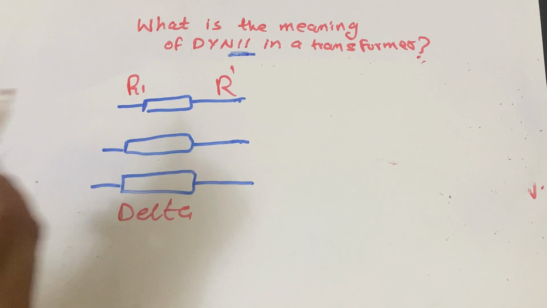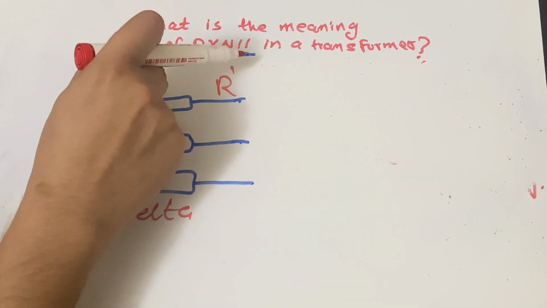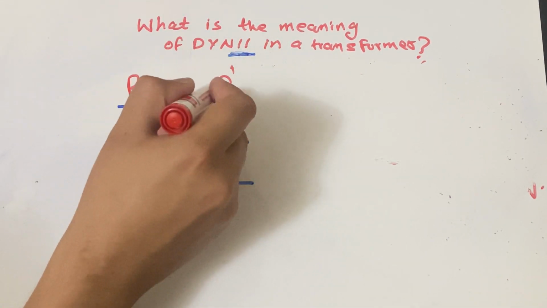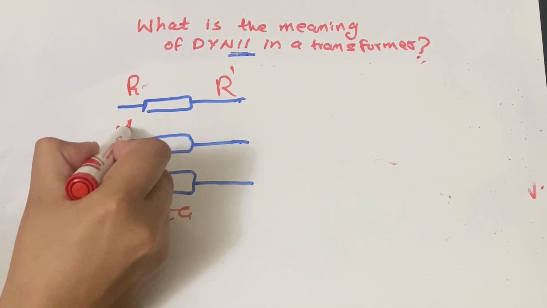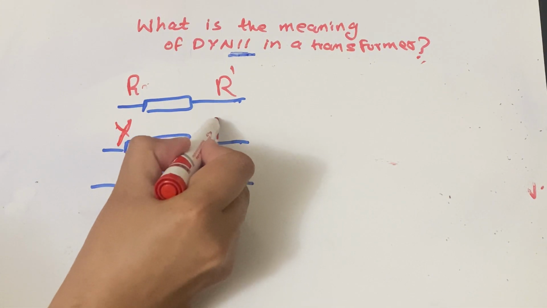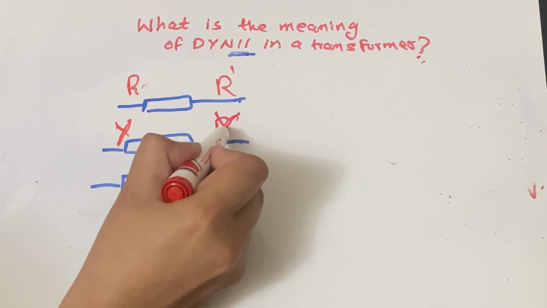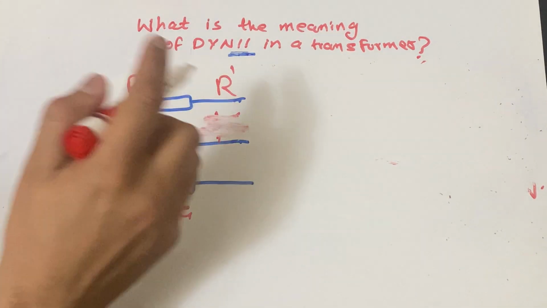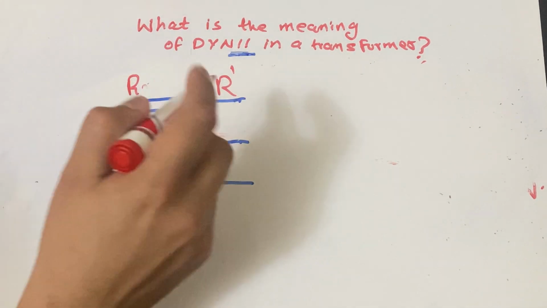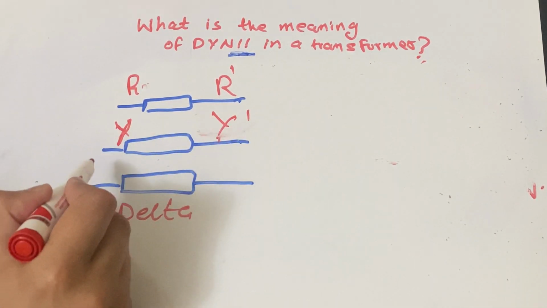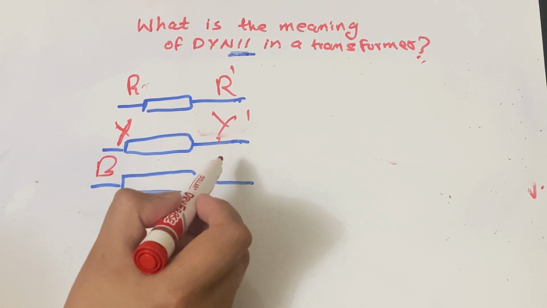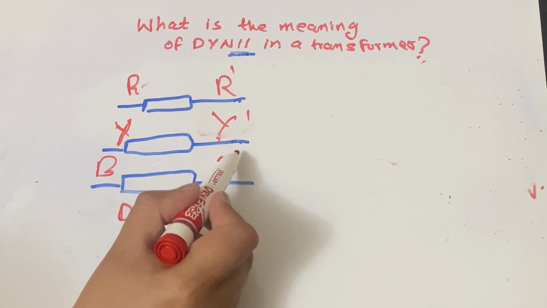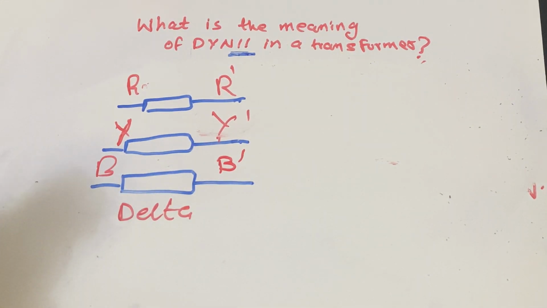For example, I will represent R and R prime. Here Y incoming is Y phase, and outgoing is Y prime, and here blue incoming and outgoing is blue prime. So you can represent these as A, B, C, D, E, F. It depends upon you.